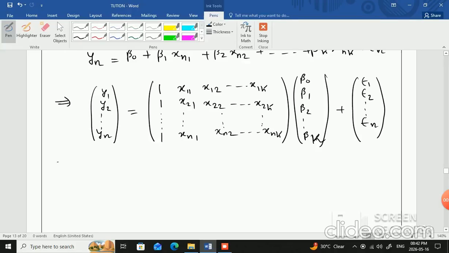That implies y equal to X beta plus epsilon.